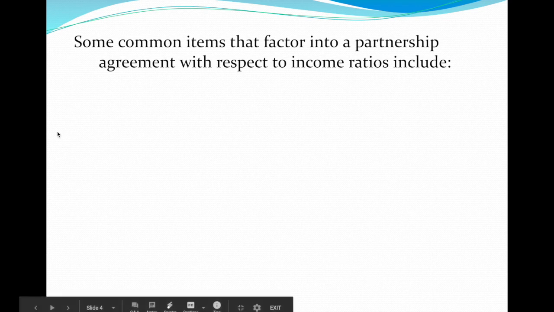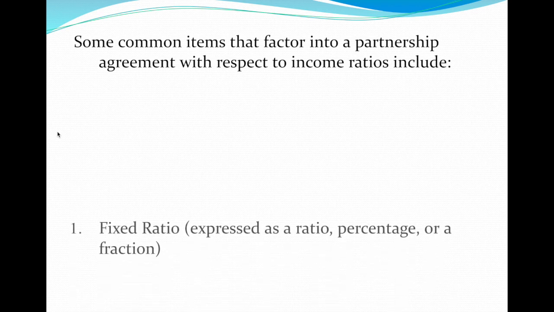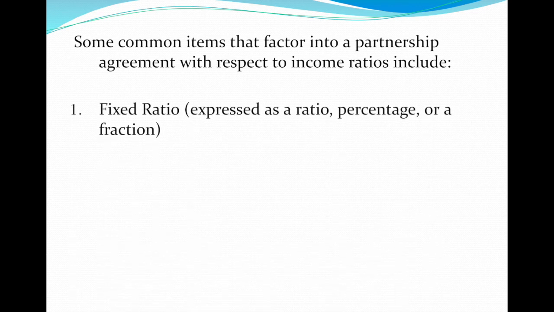So, some common items that factor into a partnership agreement with respect to income ratios include what's called a fixed ratio. So this is what I was referring to earlier. For example, a 60-40 split, and that's it, and we don't go in any deeper.